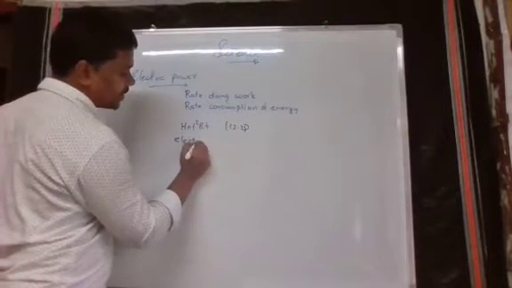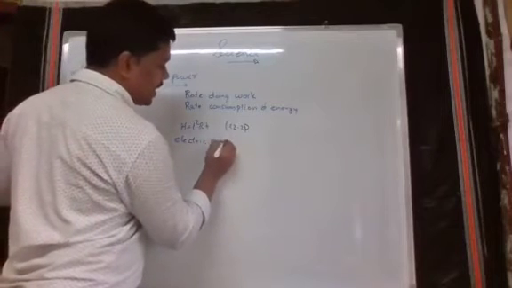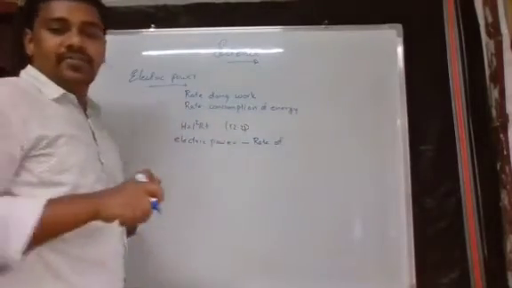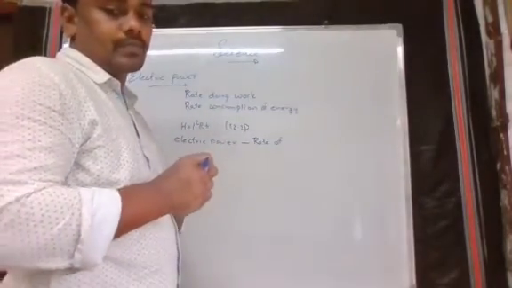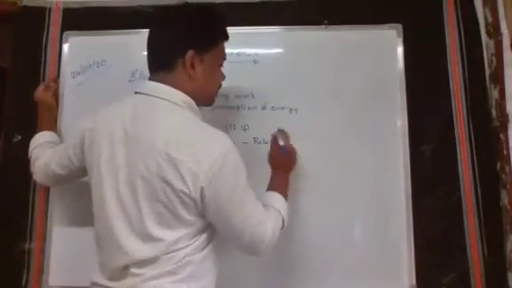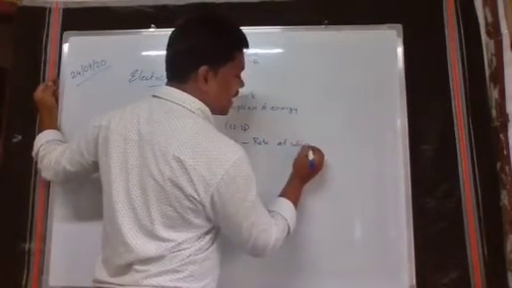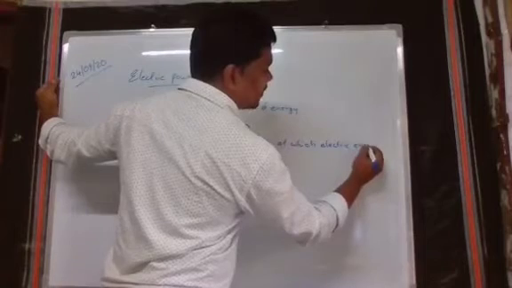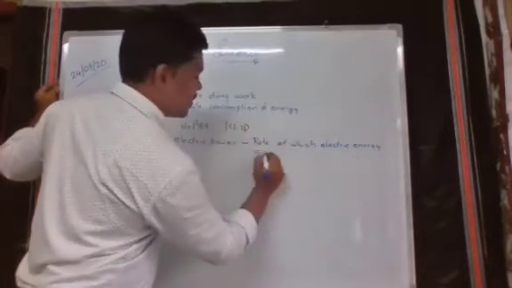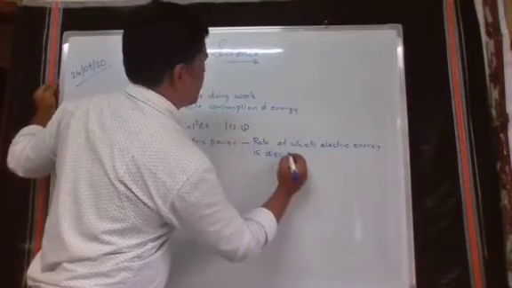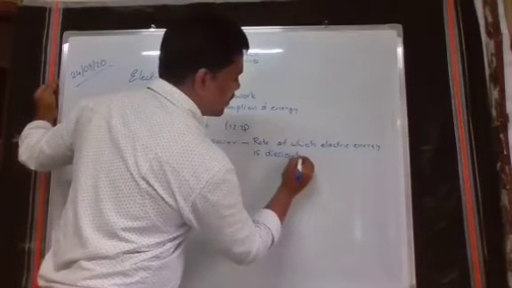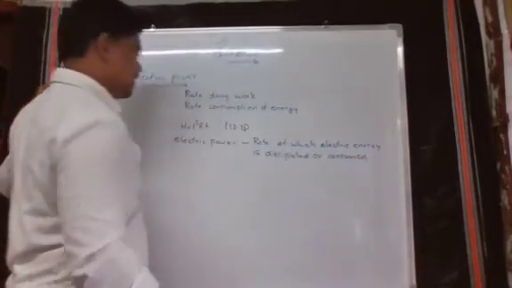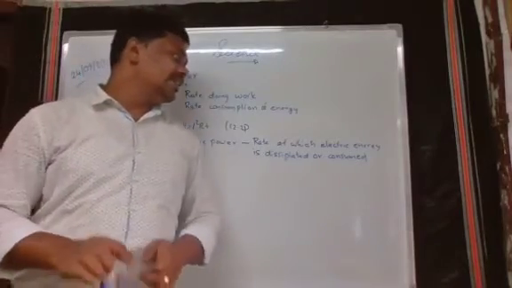That is, electric power is the rate at which electric energy is dissipated or consumed.